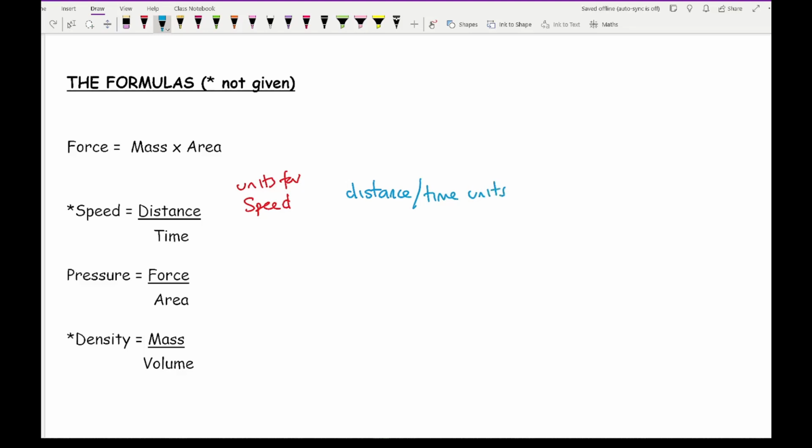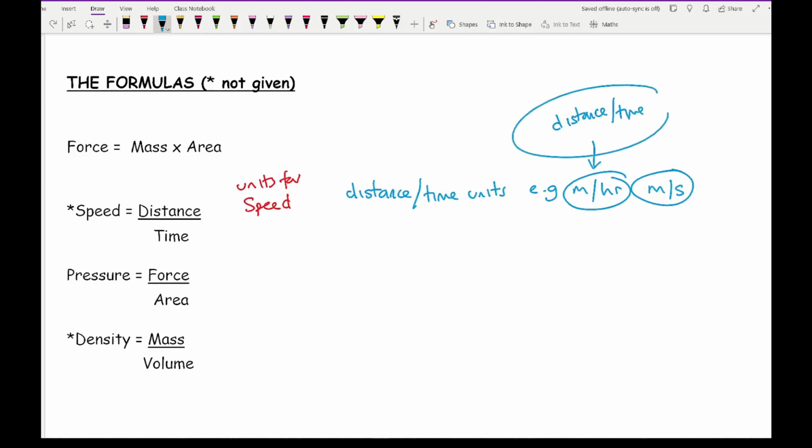So for example you could have miles per hour, you could have meters per second, but looking at the units should give you an indication about what the formula is. So here this is going to be distance, so the first unit is a distance unit or length unit, and the second unit is a time unit. And as you can see the formulas are exactly the same.